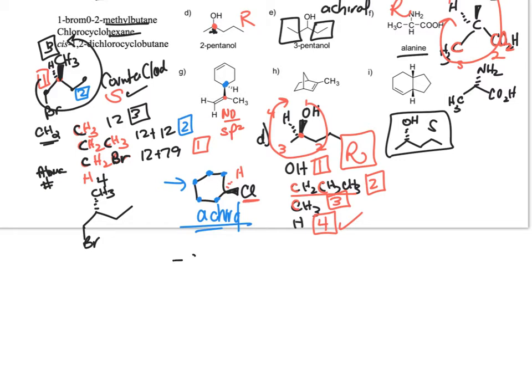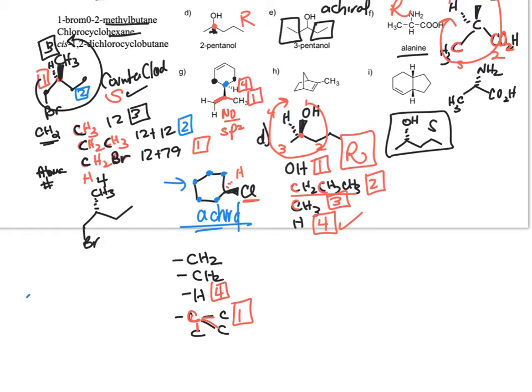You have a CH2 and a CH2, and you have a hydrogen, and then you have a C bonded to another C, bonded to another C, bonded to another carbon. So that red carbon here is bonded to 3 carbons. So that's obviously going to be number 1. Hydrogen is going to be number 4. So make this 1, make this 4, and then you don't know yet for your other CH2.